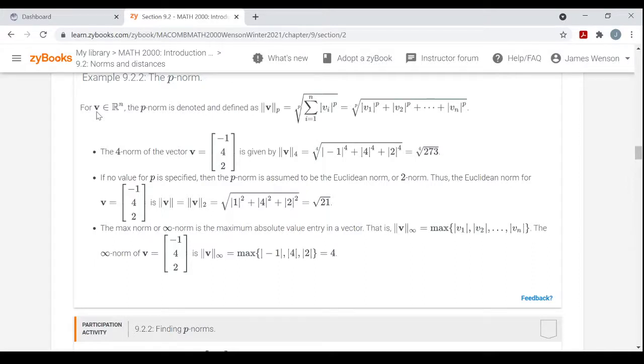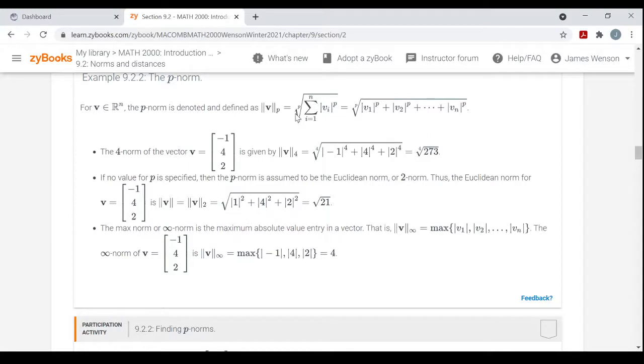So let's say v is a vector from Rn. The p-norm is defined as this norm with a subscript of p. So the same norm notation, but with a subscript of p.